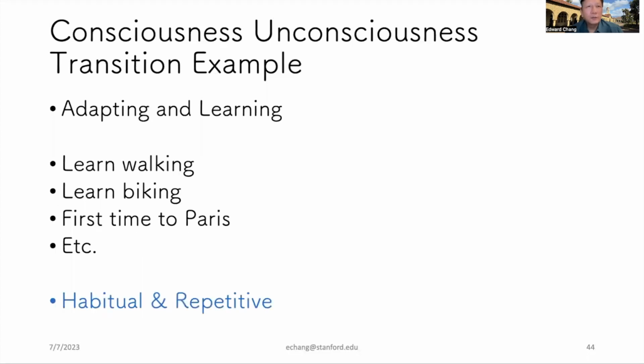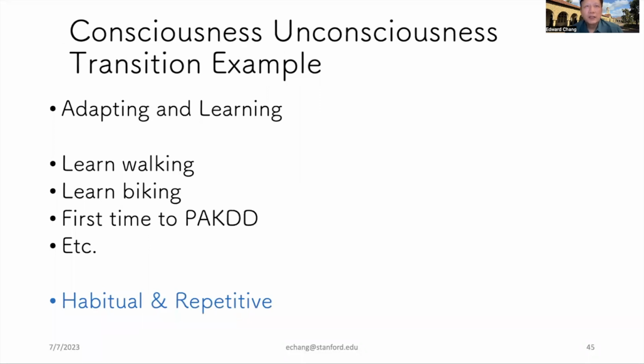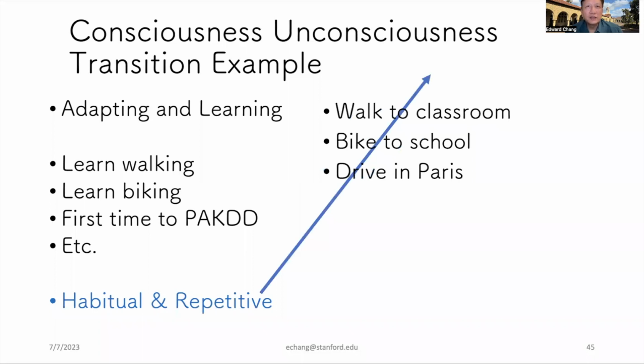But when we become so familiar with the situation, let's say walking becomes habitual and the action becomes repetitive, then this whole thing gets returned into our unconsciousness, right? Everything becomes reflexive. So we walk to the classroom, we drive in Paris, back to school. If it really becomes routine, these are reflexive, habitual.